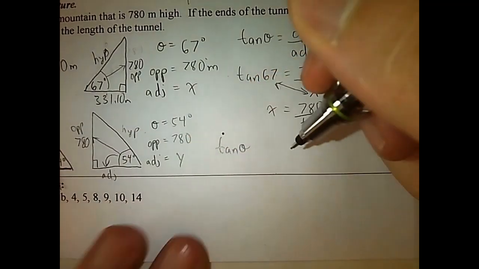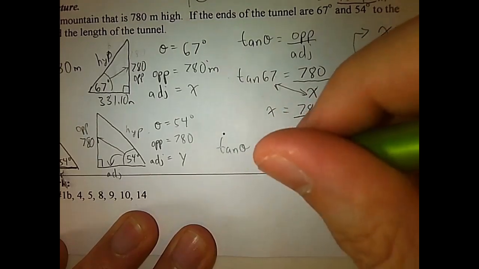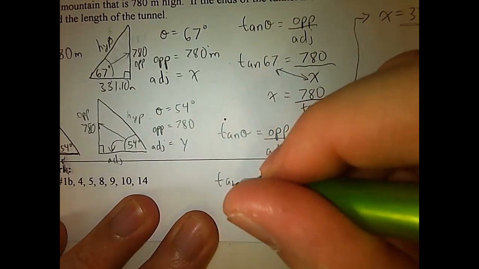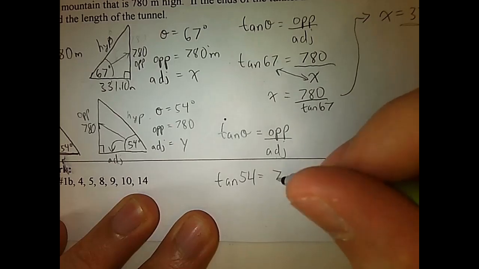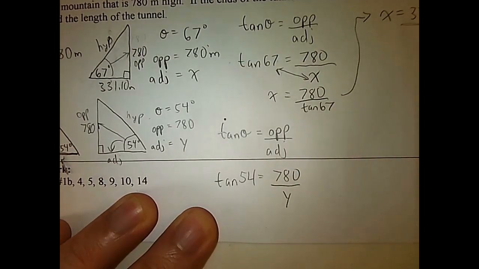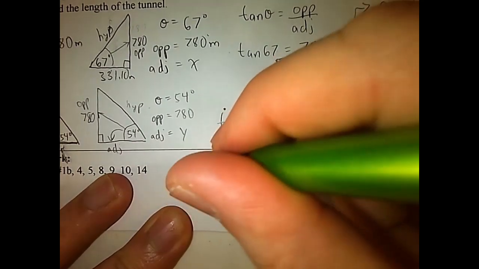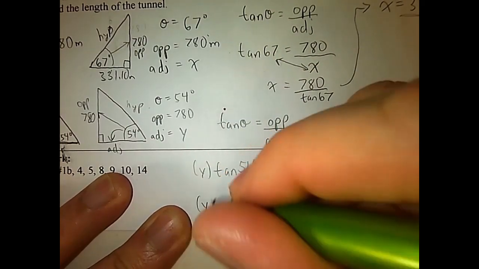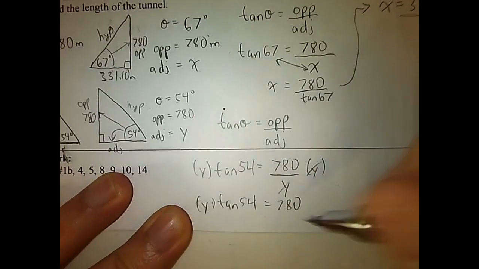Tan theta is equal to opposite over adjacent. And we get tan 54, our theta, is equal to 780 over y. You know what, I'll show the long way this time. So multiply both sides by y. I get y tan 54 is equal to 780.